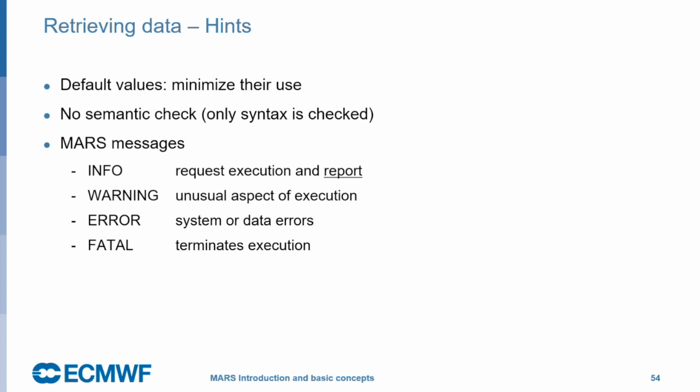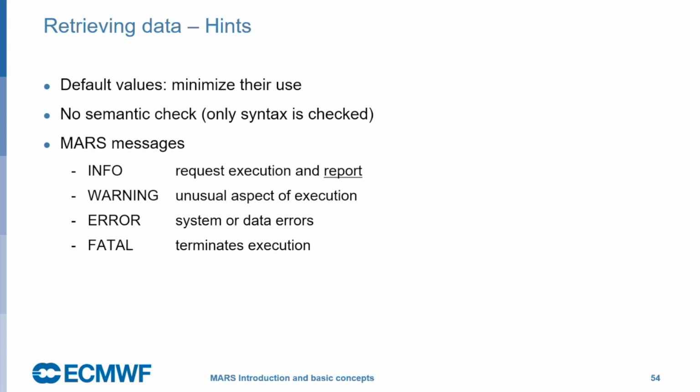So syntax is checked when you submit a Mars request, and you don't need to run it in debug mode. In regular mode, when you run a Mars request, there will be a lot of useful information in the output. So all important information is written.